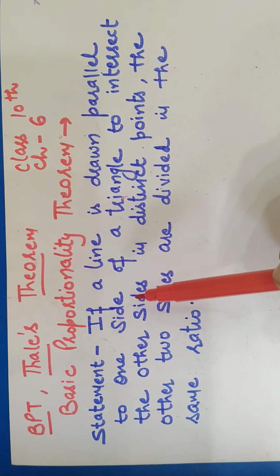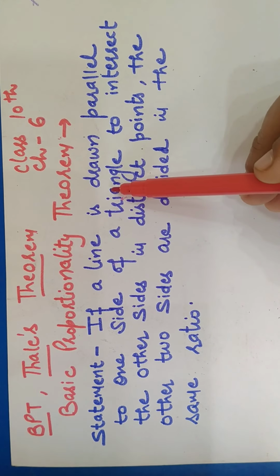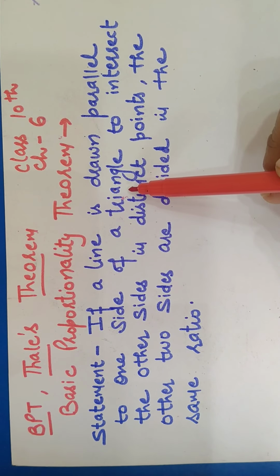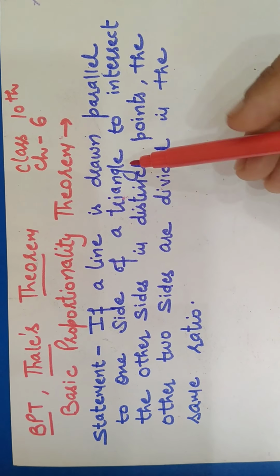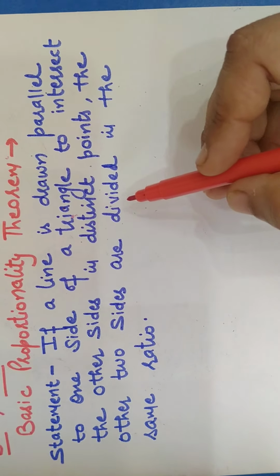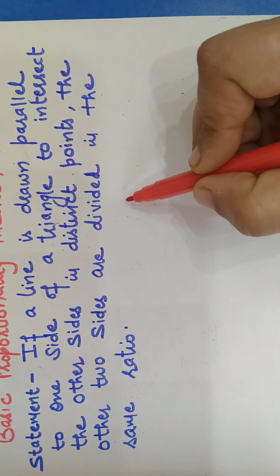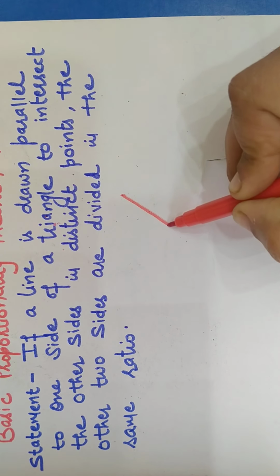Now what is the statement? If a line is drawn parallel to one side of a triangle, so you have to draw a triangle first, and you have to draw a line which is parallel to one of the sides of the triangle.